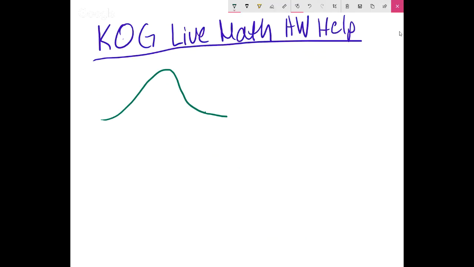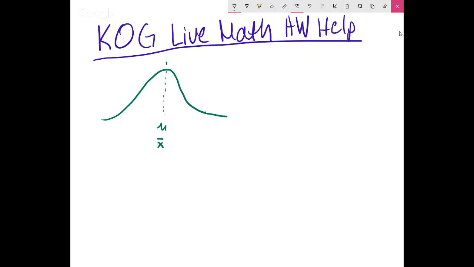So down the middle gives us the mean, which is the average score that most people got. The average number that shows up in a sample or in a population of stuff.